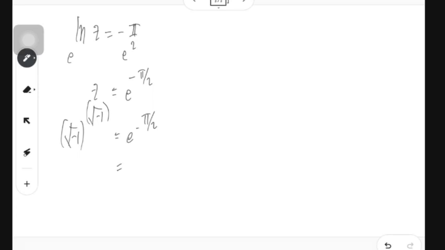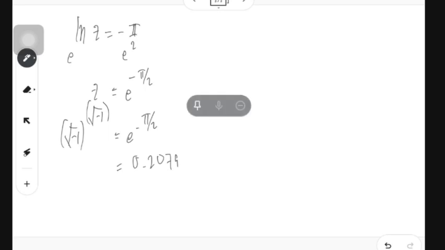Shift E. Ilan? 0.21 po. Correct to 4 decimal places, lumalabas sa akin 0.2079. Yes po, same po.